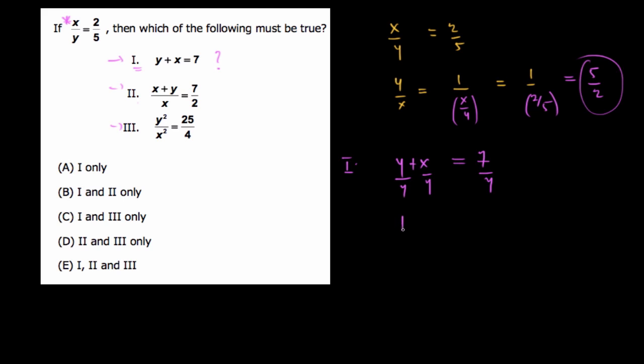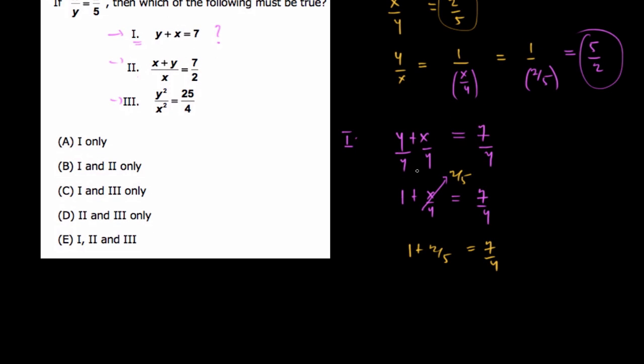So this gives you 1 plus x/y equals 7/y. Now x/y is 2/5, so what you have is 1 plus 2/5 equals 7/y. Even with this broken down, we still have a variable, which is y. So you can see that it's impossible to draw any inference from the first statement. That was why I kept a question mark there.